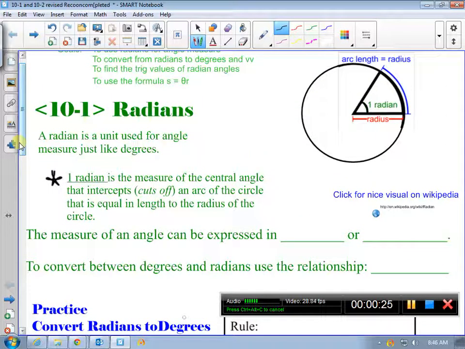Here's the central angle, and it intercepts this arc, because it cuts it off there and there. If that arc is equal to the length of the radius of the circle, then that angle measure is 1 radian. That is the definition of 1 radian.